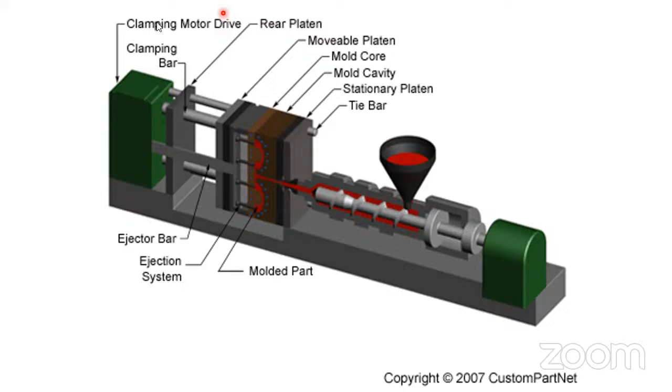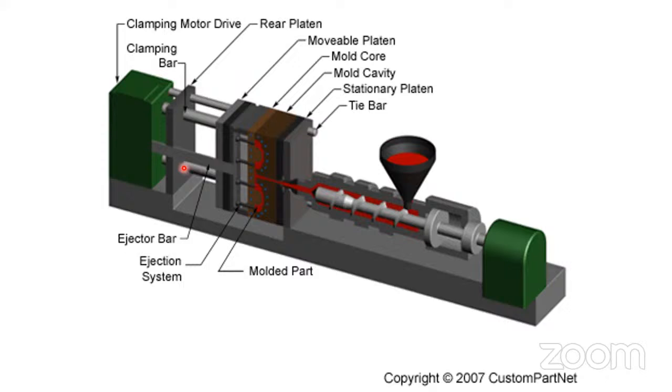Friend, if you see here, the clamping bar, I told you yesterday, at the backside, four bars: one, two, three, and four.